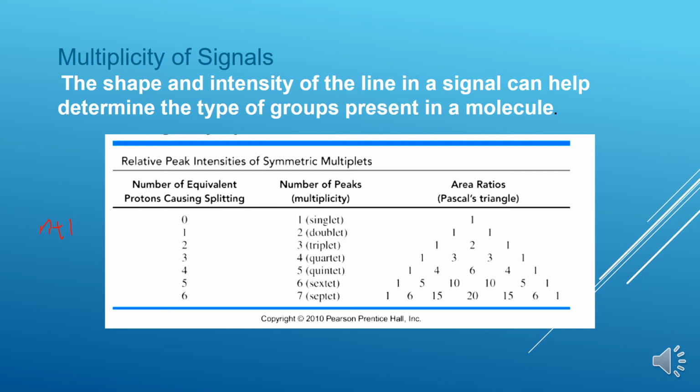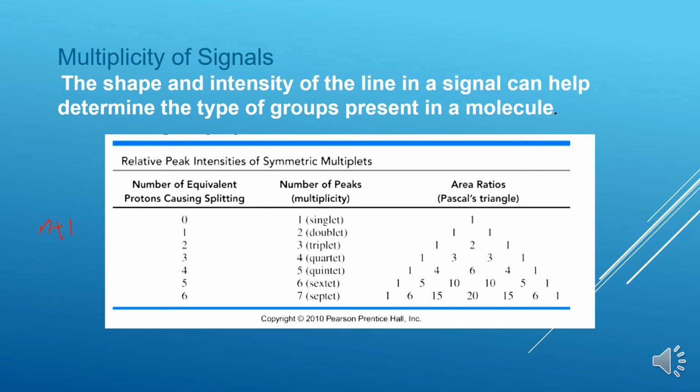This is true for NMR spectra as well. To date, this Pascal triangle is used to calculate the relative peak intensity of symmetric multiplets. If only one peak is there, its relative intensity will be 1.